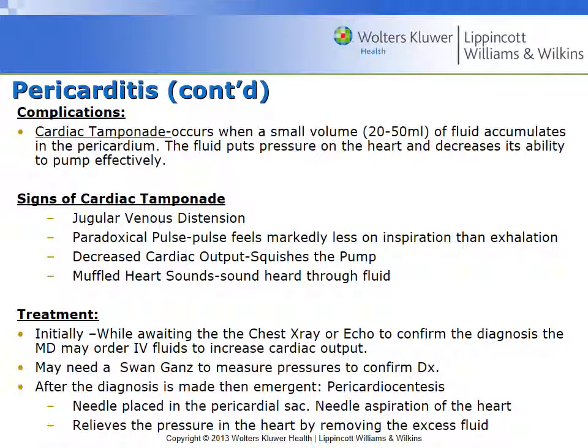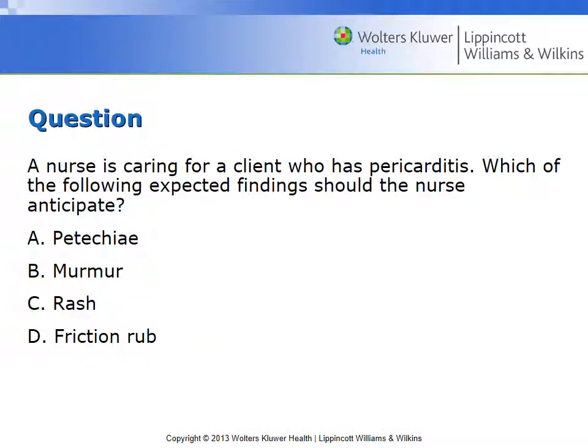After the diagnosis is made, then it's an emergent pericardiocentesis. A needle is placed in the pericardial sac, and needle aspiration of the fluid in the heart is completed. Most centers are not allowed to do this in rural areas because they don't have a cardiologist present, so this patient may need to be prepared for emergent transfer. The pericardiocentesis relieves the pressure in the heart by removing the excess fluid that's present.